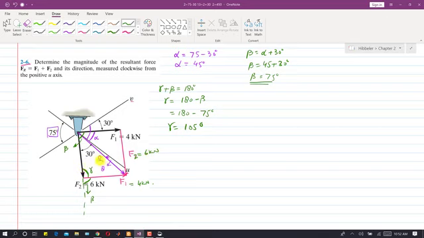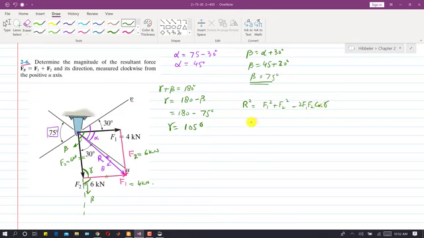Now we can apply the cosine law. We know the F2 magnitude is 6 kilonewton, we know this magnitude which is 4 kilonewton, and we know the included angle between these two. So to find the magnitude of this resultant, we can apply the cosine law. So R square will be equal to F1 square plus F2 square minus 2 F1 F2 cos of gamma.